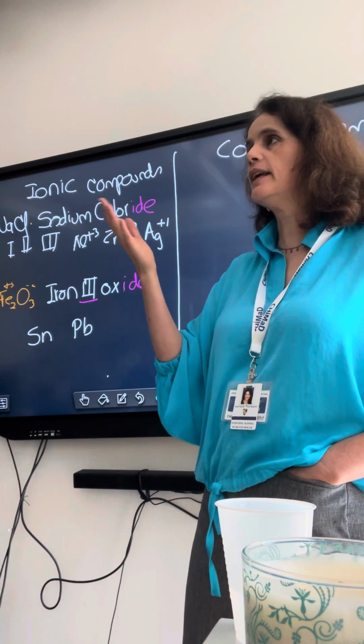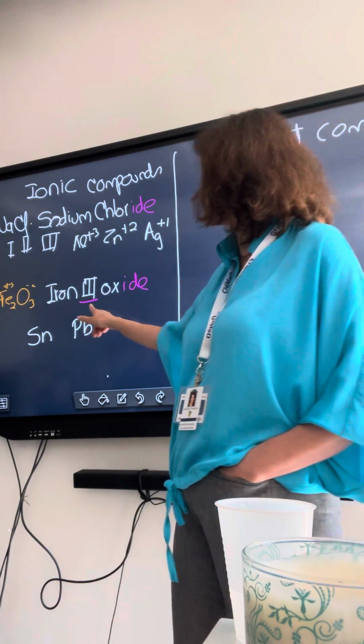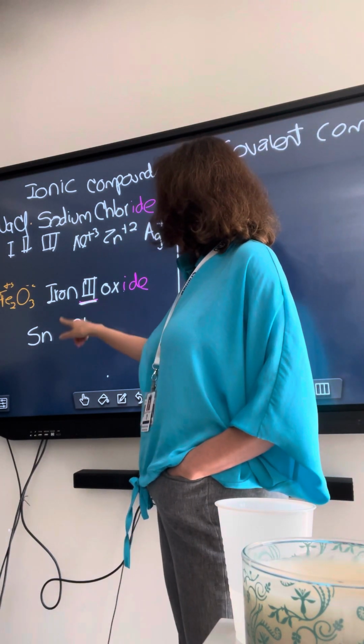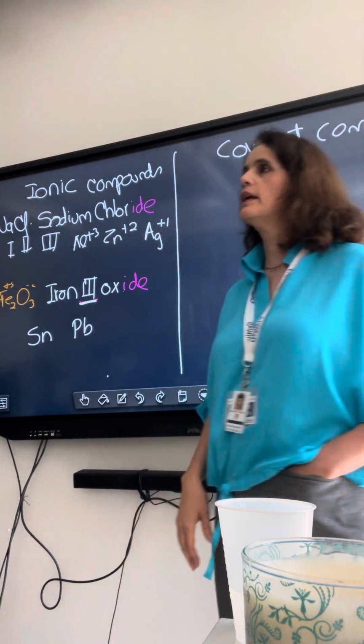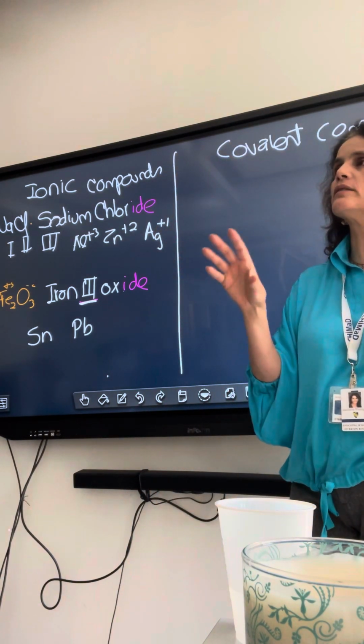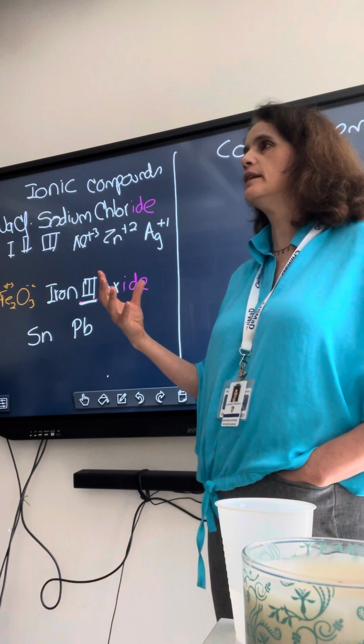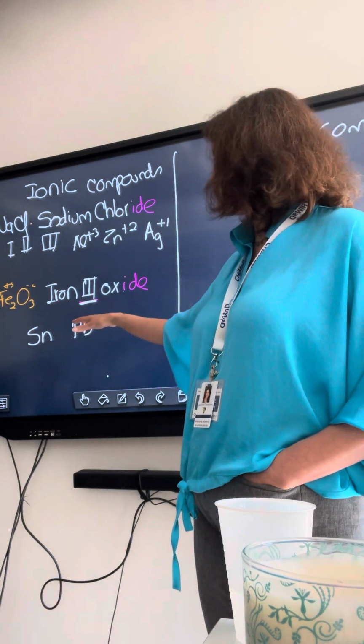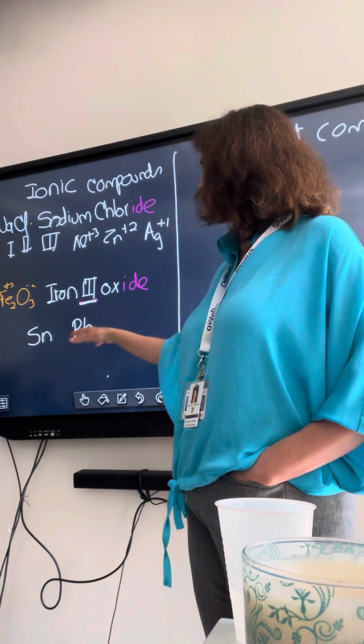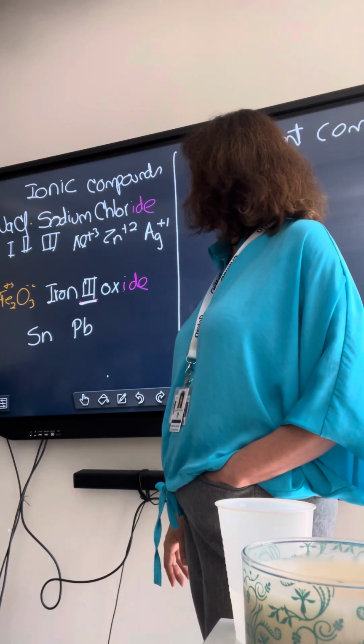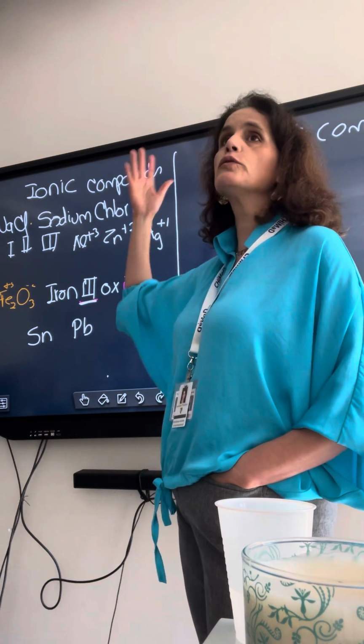Tin and lead, you normally have to write the Roman numeral for those two. They don't fall in what we normally call transition metals, but they somewhat are. They're just metals. But for tin and lead, you're going to have to write it. That's all the rules for ionic.